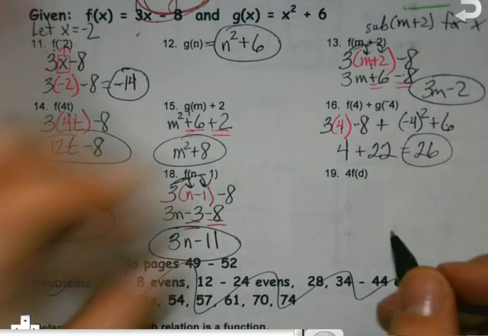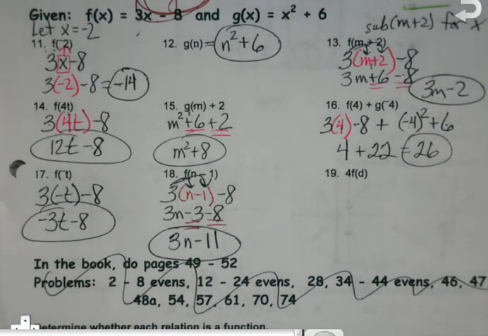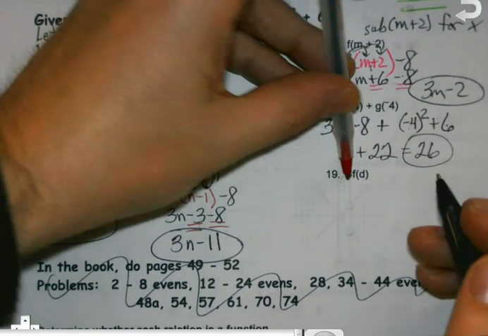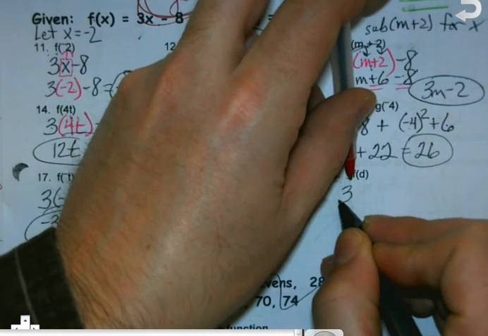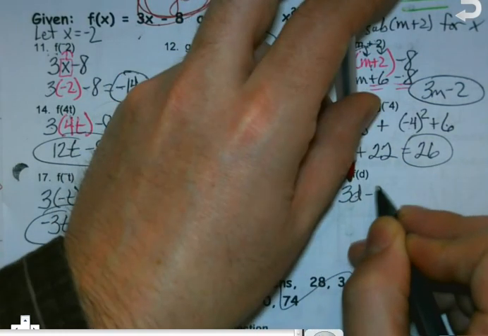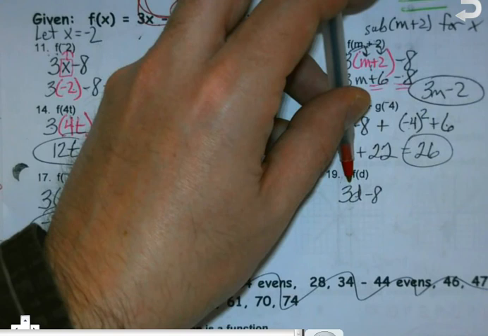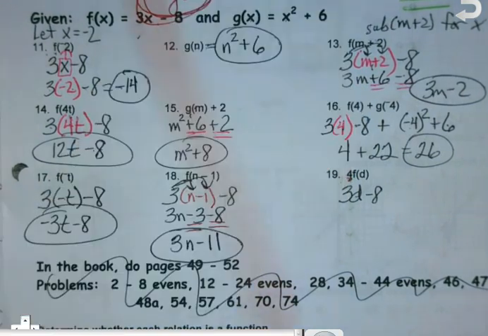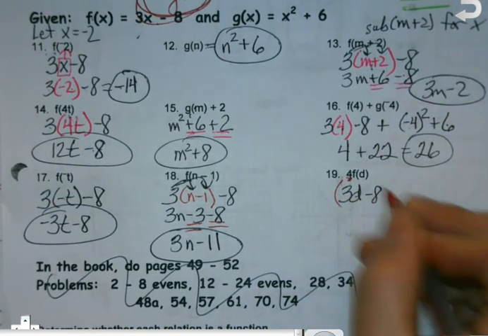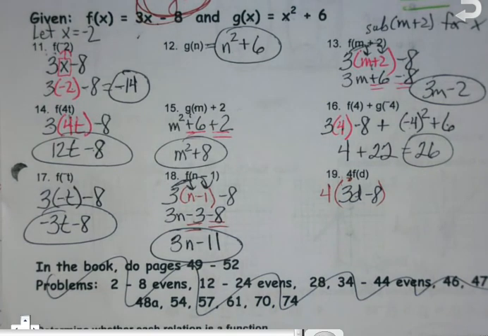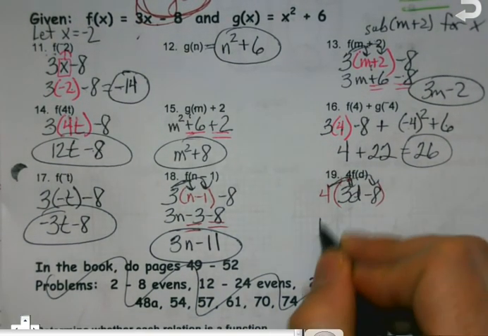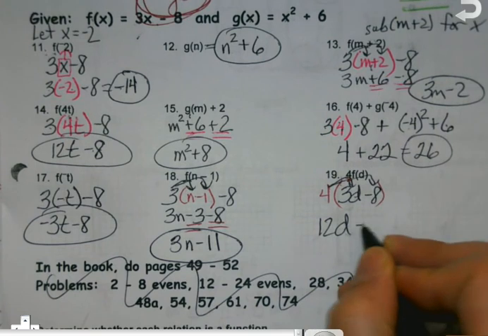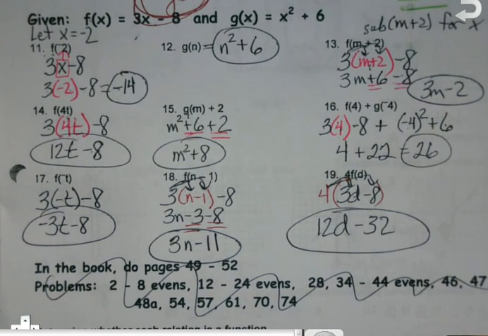This is about patience and doing parts at a time instead of trying to do everything at once. f of d means I would replace the x with a d. That would be the f of d part. But then I'm supposed to multiply whatever this is by 4. A little bit of distributing, absolutely. And I'm good.